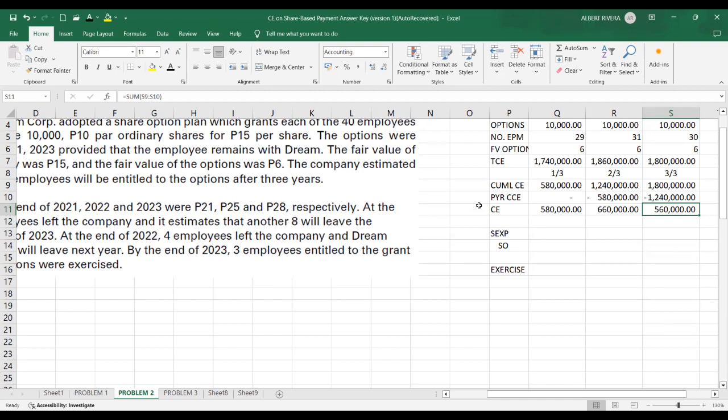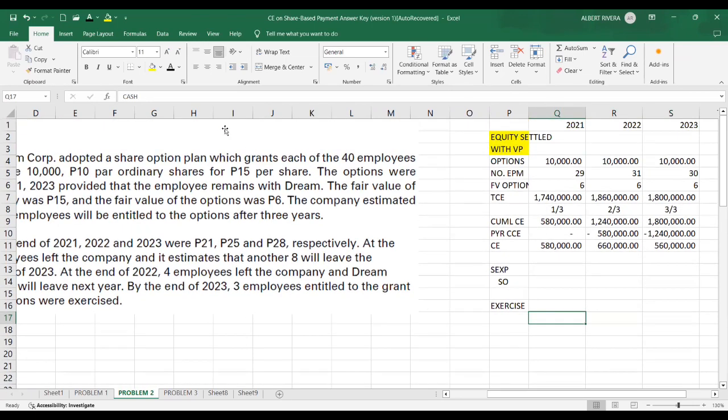Okay? Once exercised, the entity will receive cash. And the number of options exercised is 10,000 options times 30 number of employees times the option price of 15. Okay? So, what does it say here?